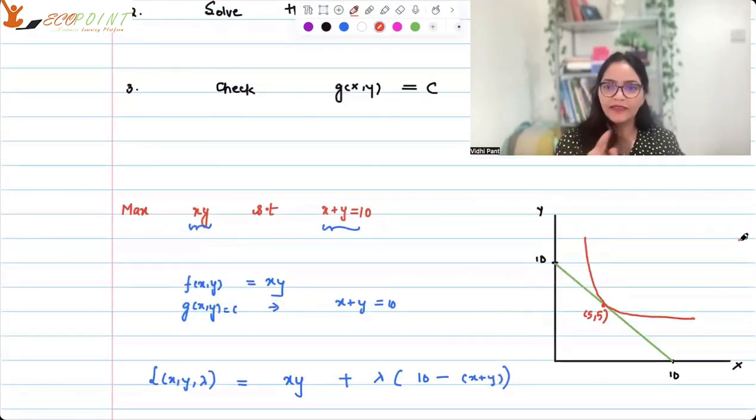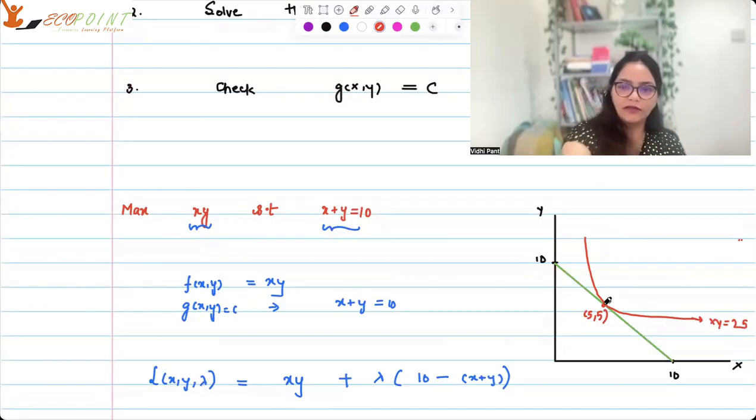Graphically speaking, this is the situation in the problem that we took, xy subject to x plus y equals 10. This is the graph of xy equal to 25, where you're at 5, because at 5 you are getting the maximum, and you can see that 5 is something that will satisfy the constraint as well.